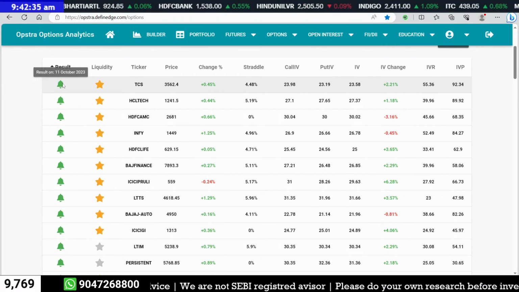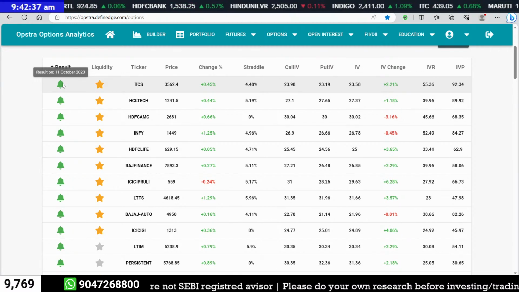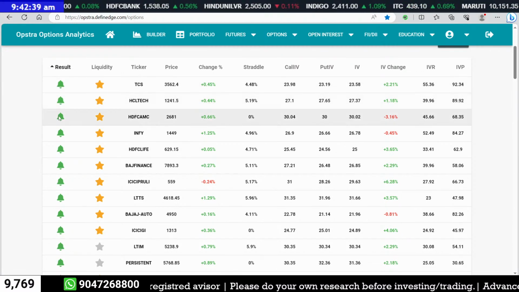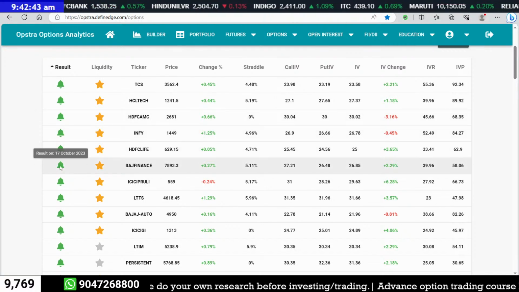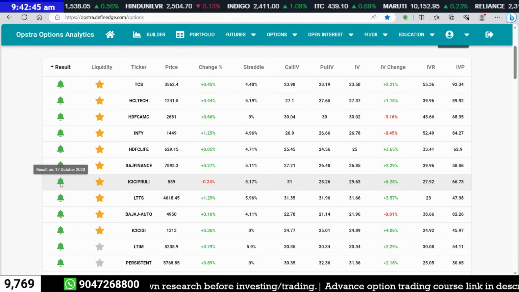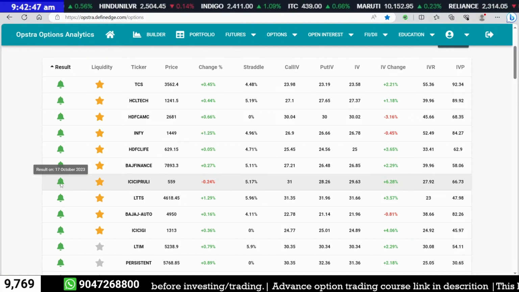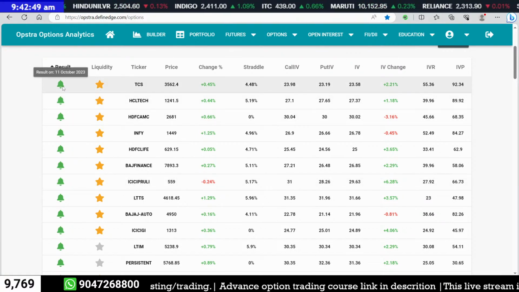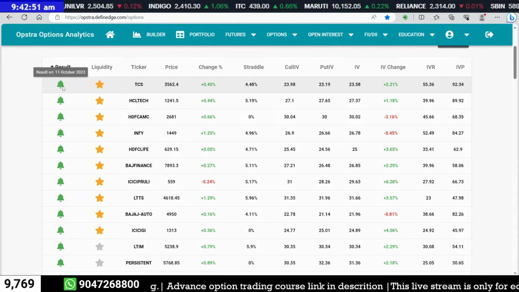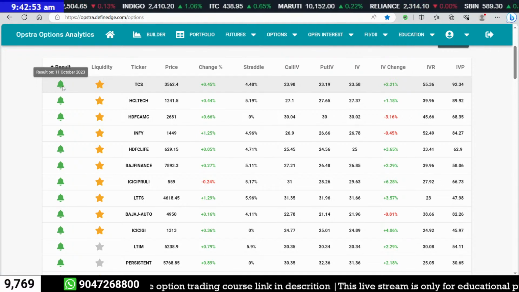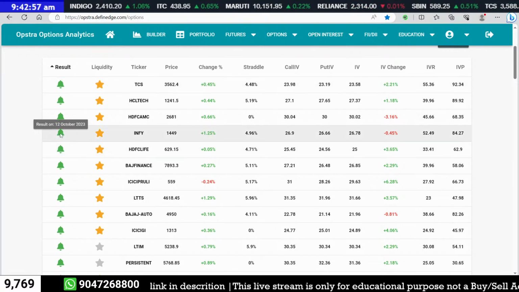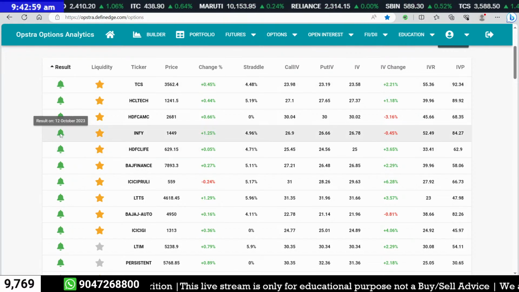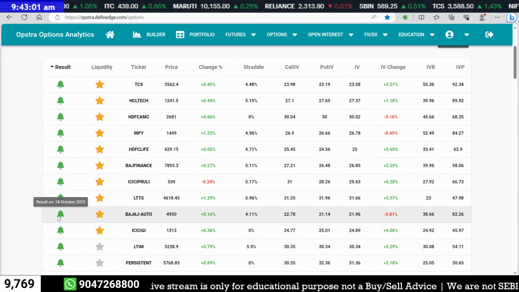TCS is going to announce the result on 11th October, and HCL Tech, HDFC AMC on 12th, I think 12th and 13th. So the results are going to be announced consecutively, that quarterly. The first one is TCS, which maybe will give you some expectation, and Infosys is going to announce its result on 12th October, and Bajaj Auto on 18th October.